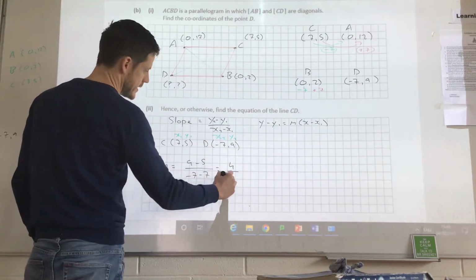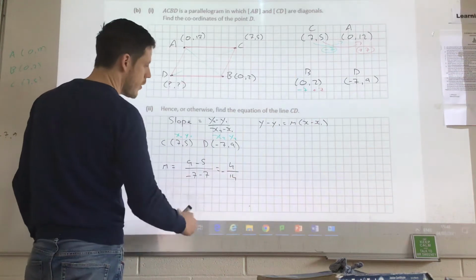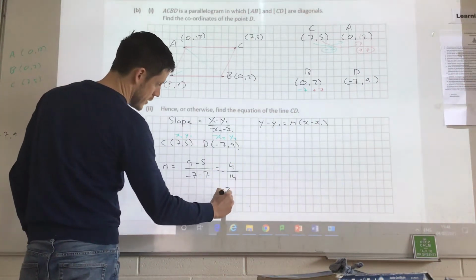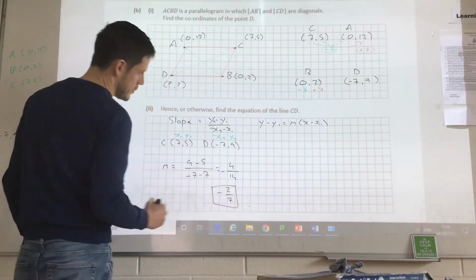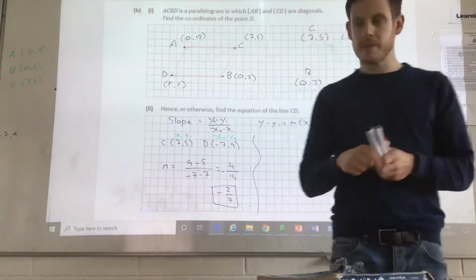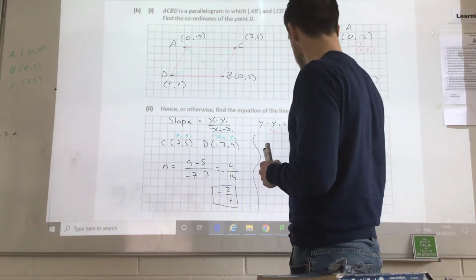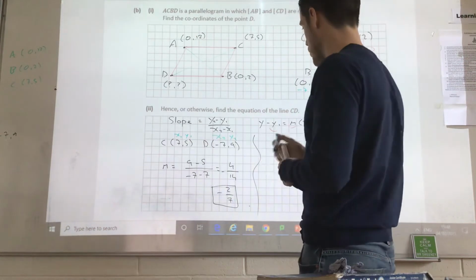Minus 7 minus 7 is minus 14. I can simplify that down, that becomes minus 2 over 7. So I divide everything by 2. So that there is my slope. Now I have my three pieces of information I need. I've got my y1, I've got my x1, and I've got my slope. 7 and 5 are my x1, y1.